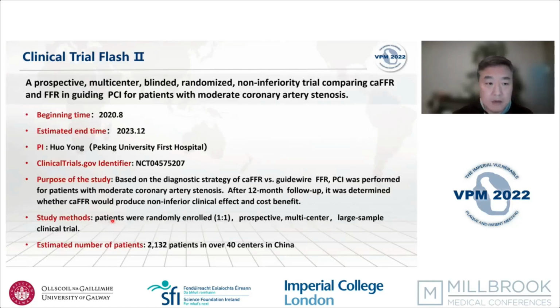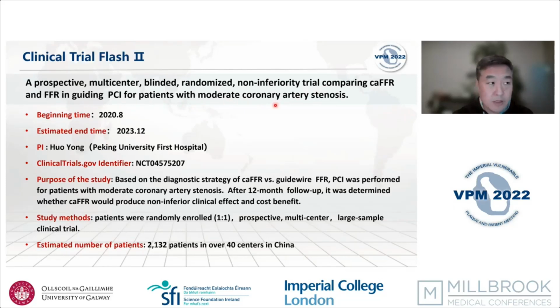At present, we propose another clinical trial. We call it FLASH2. This clinical trial is a prospective multi-center randomized trial. It compares caFFR and FFR in guiding PCI for patients with moderate coronary artery stenosis.